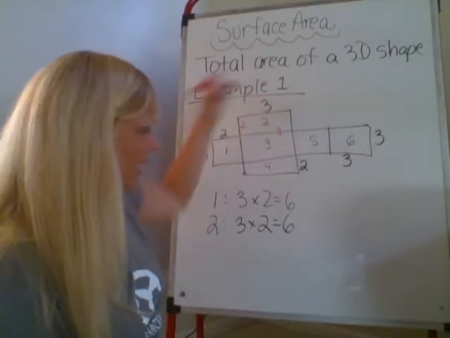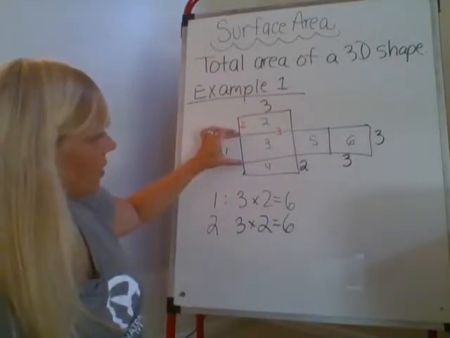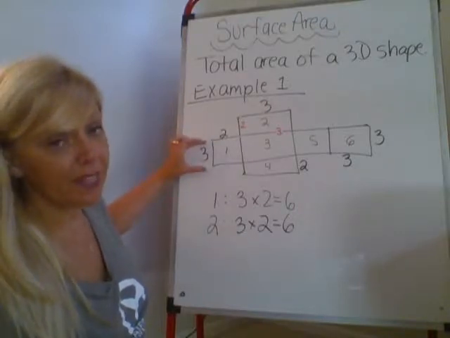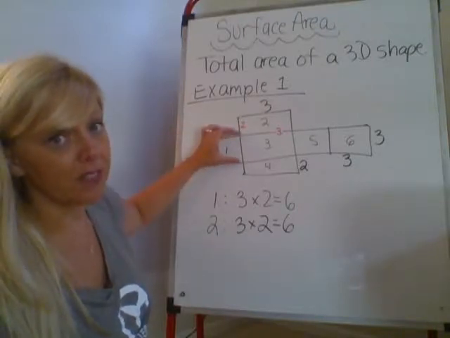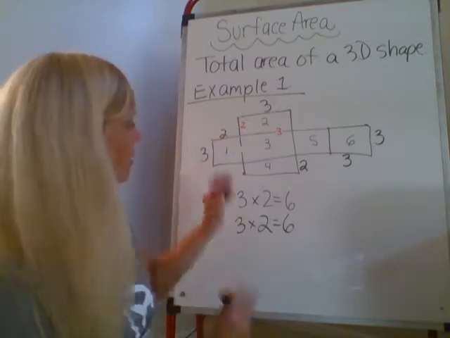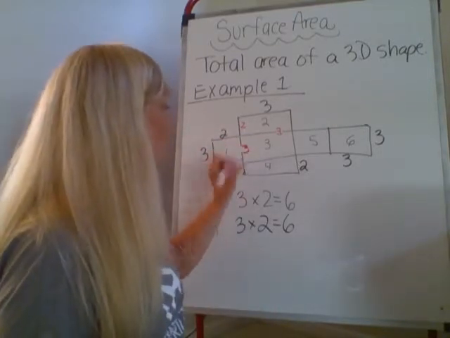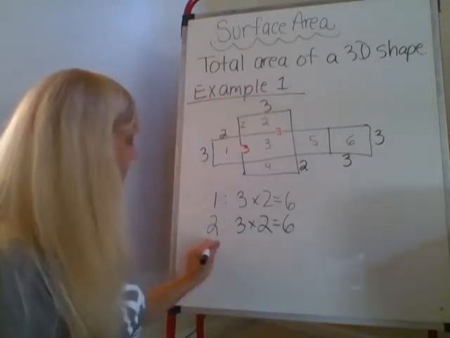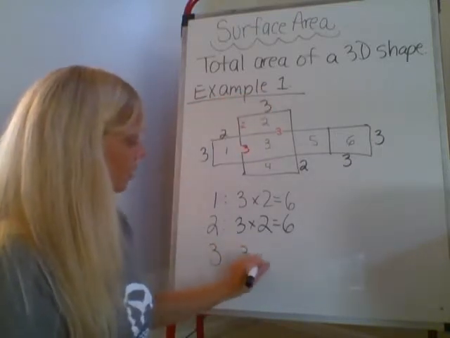And again here, this length and this length match up. So if this length is 3, then this length is 3. I'll put a little red 3 here as well. So face 3 is 3 times 3, which is 9.